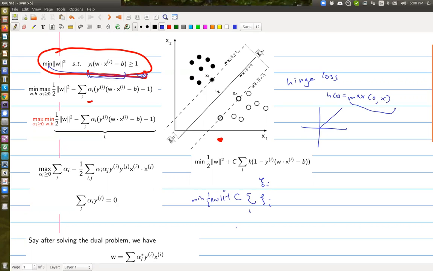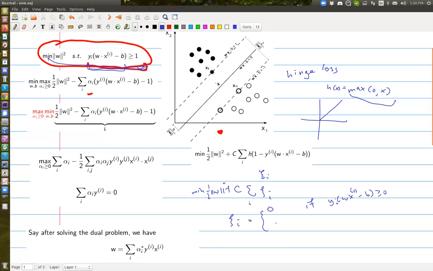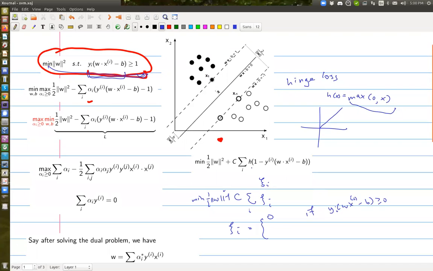Now ξi will be equal to 0 if the condition is satisfied, that is, if yi(w·xi − b) is bigger than or equal to 1. Sorry, it should be this argument inside, so I'm missing a minus 1 here.